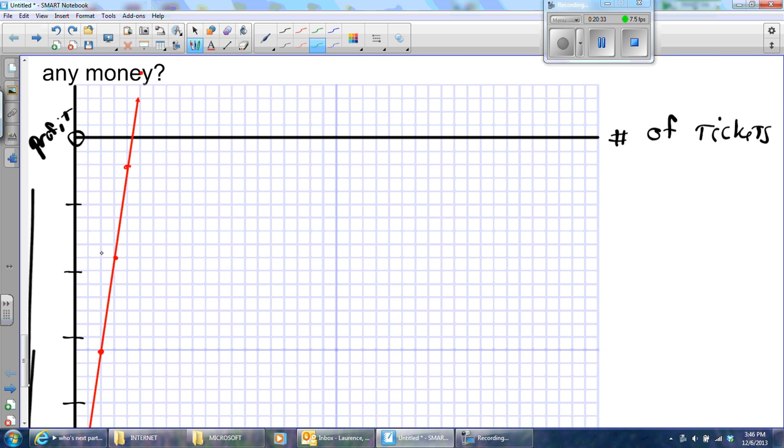If he sold 2 tickets, because that looks like it's a 2 there, well then he's made 5, 10, 15, negative $16, right? He's in the hole, $16. He's actually lost money.